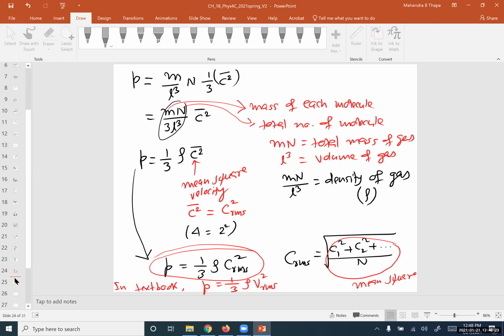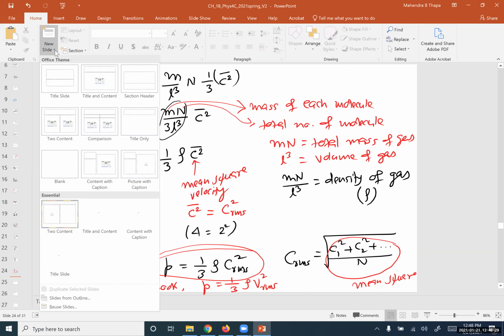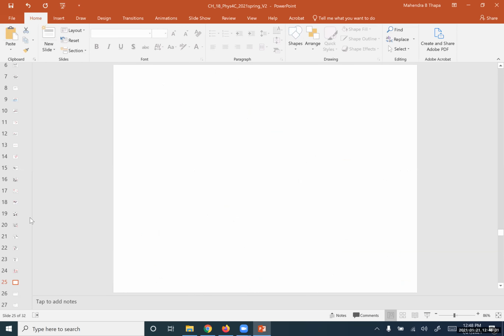Let's use this concept to explain some of the concepts, starting with temperature.